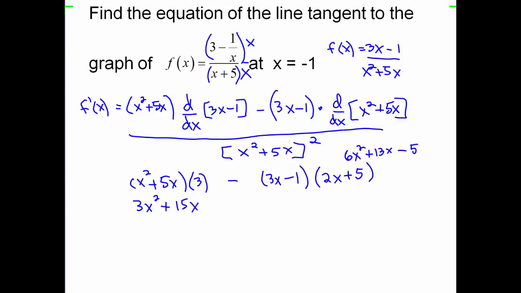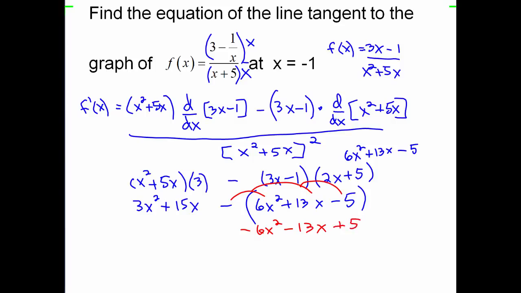So I have 6x squared plus 13x minus 5, and then I'm subtracting this quantity. So what I'm going to do is distribute the negative to everything inside here. That's going to give me negative 6x squared minus 13x plus 5.